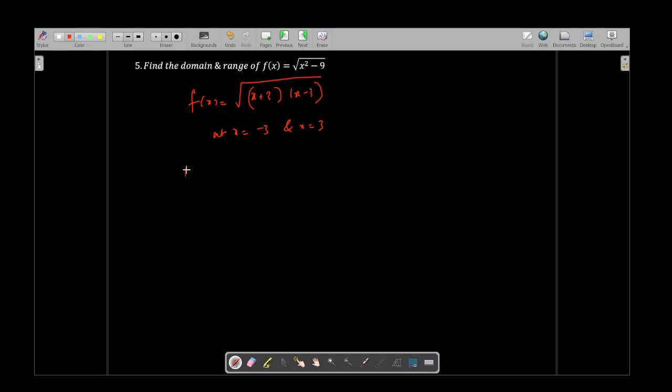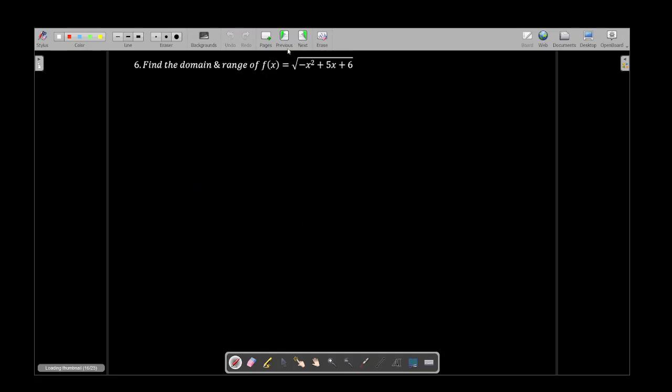So let's directly write the domain: minus infinity to the smallest root, which is minus 3 included, and from 3 to infinity we have the domain. And the range, if it touches the x-axis, is 0 to infinity, or you can write R plus. Let's move on to the next problem.